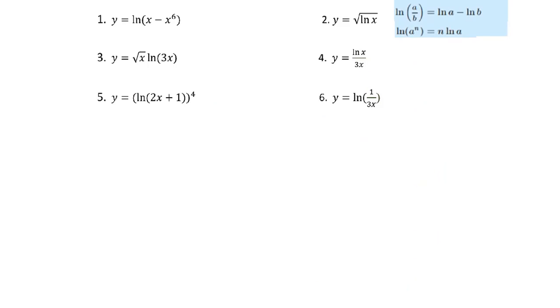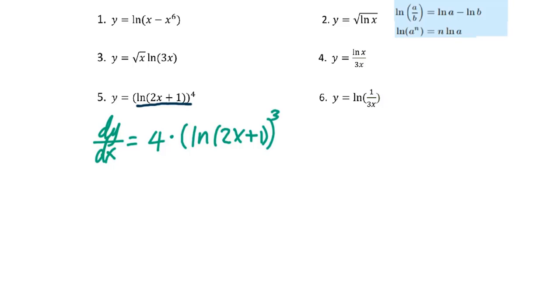Now let's go to number 5. For number 5, you know the outside function is a power function. Inside will be a natural log function. So you have dy by dx. You will get 4 times natural log of 2x plus 1, do third power.